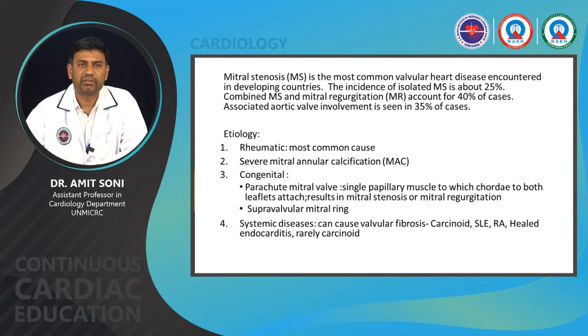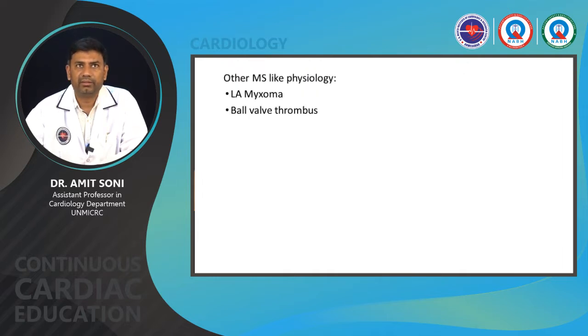And the fourth, least common, is systemic disease involving the mitral valve, like carcinoid, SLE, rheumatoid arthritis, and healed endocarditis, rarely carcinoid disease. Other MS-like physiology is myxoma and valve thrombus.